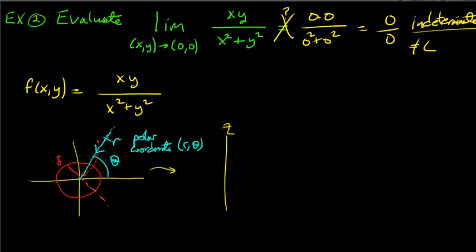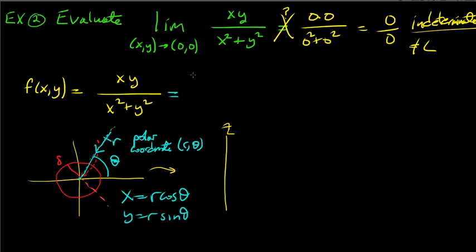So let's switch to polar coordinates. Hopefully you remember x is r cosine theta, y is r sine theta. There's no cylindrical coordinates because there's no z here. It's a function of only two variables, x and y. z is the value here.